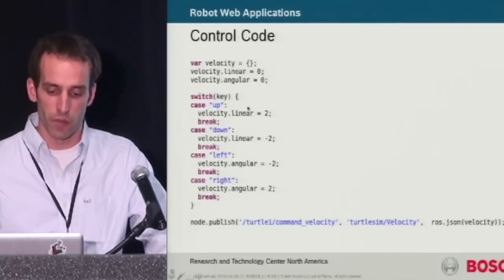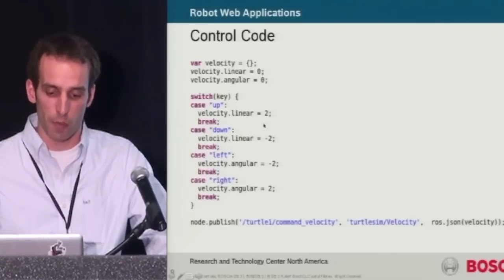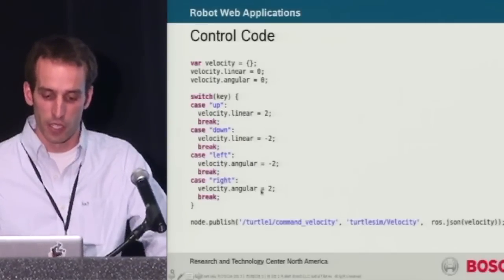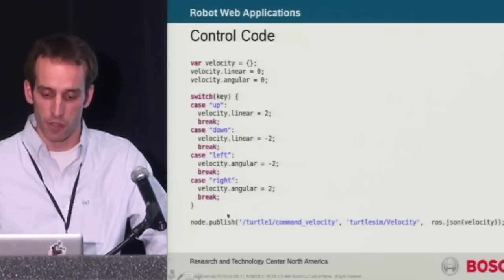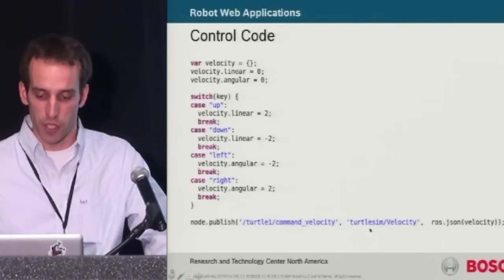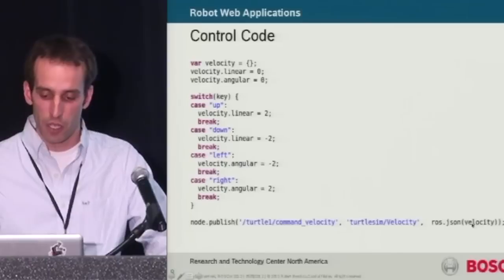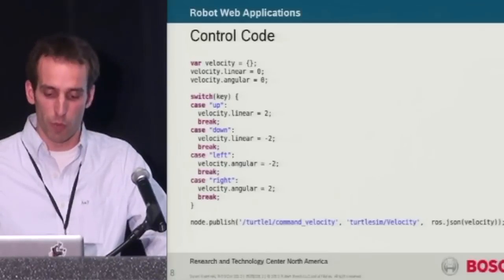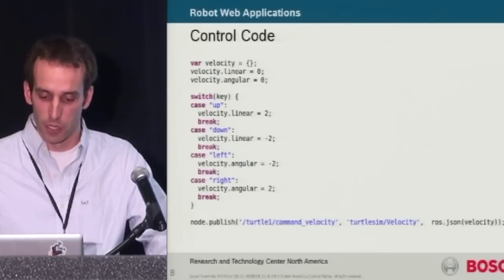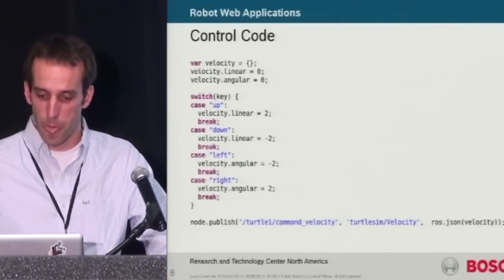It contains the velocity information. On up and down, we send a linear velocity, and on left and right, we send a rotational velocity. And once again, we just put that into this one single line of code. And our web browser now publishes command velocities, in this case, to the turtle sim.